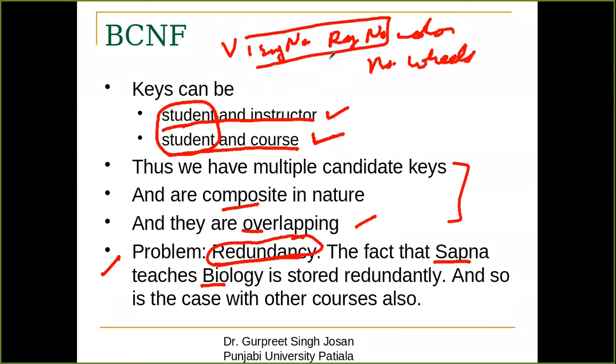So all these are the attributes. Here engine number is unique, registration number is also unique. So they both make a candidate key.